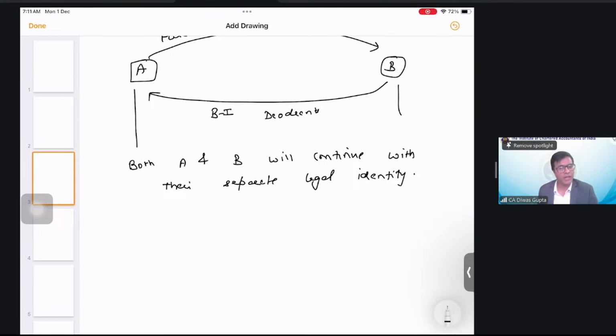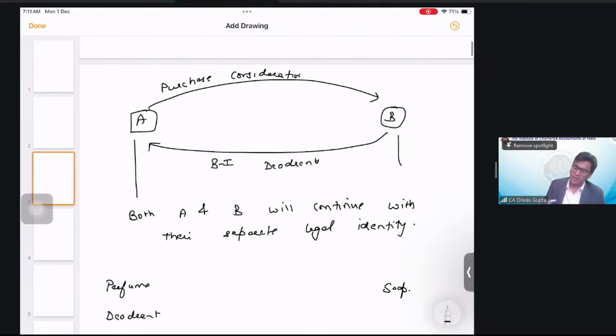Okay, no need for any dissolution that will happen. But now A will retain what all businesses? Perfume business and deodorant business. B will continue with only the soaps business.